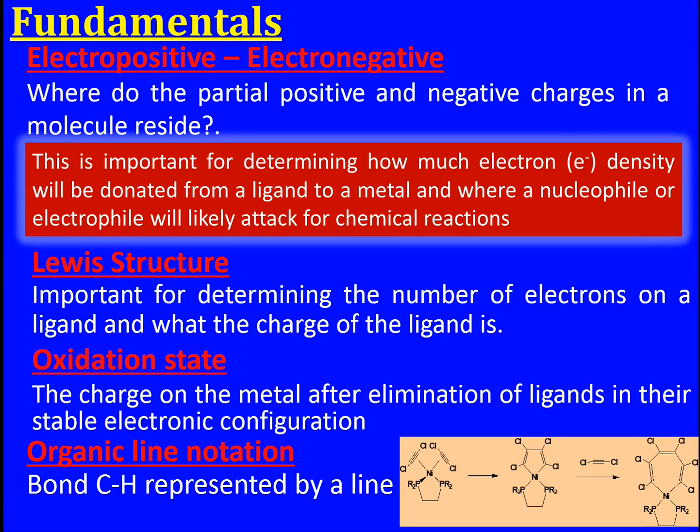But suppose, for example, we have a CO ligand, carbonyl. If we write the Lewis structure of carbonyl, we will find a lone pair on carbon and a lone pair on oxygen.